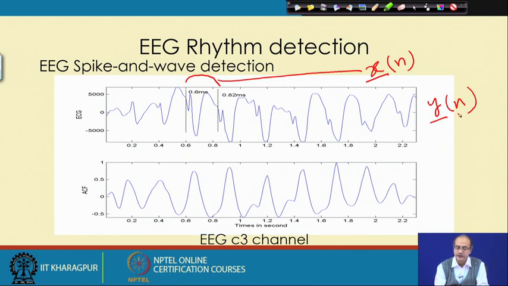So, when we take the correlation at different lags, we get distinct peaks, and that suggests very clearly that our spike and wave waveform is repeated.